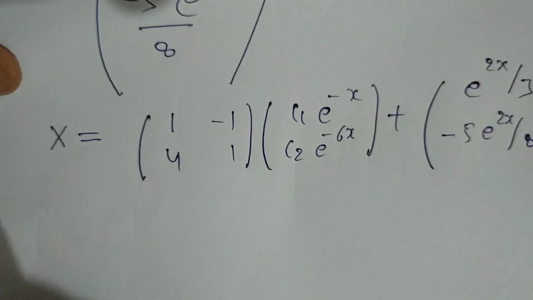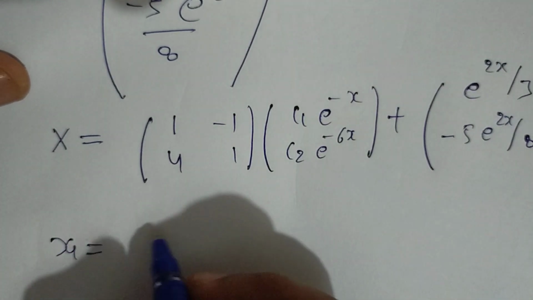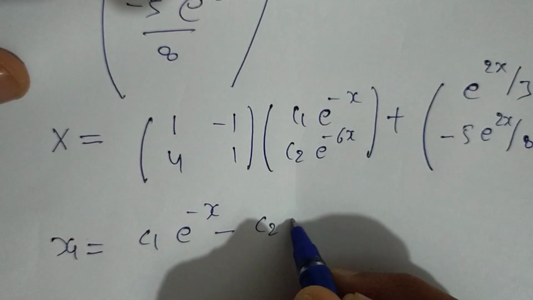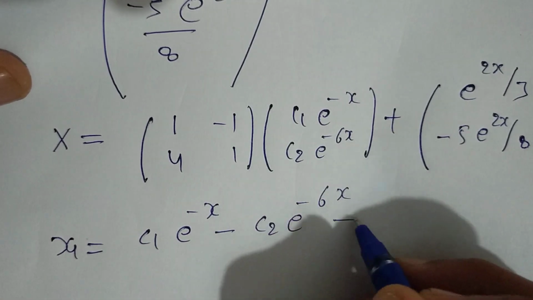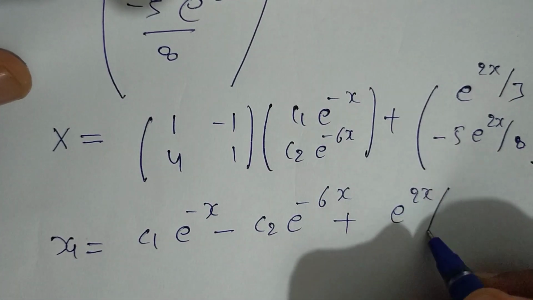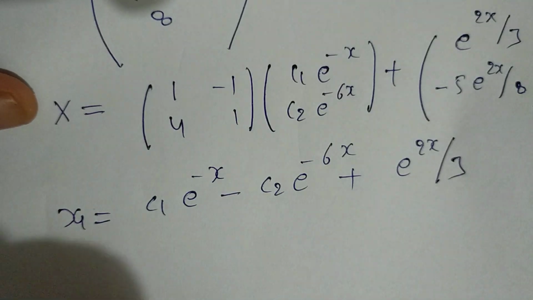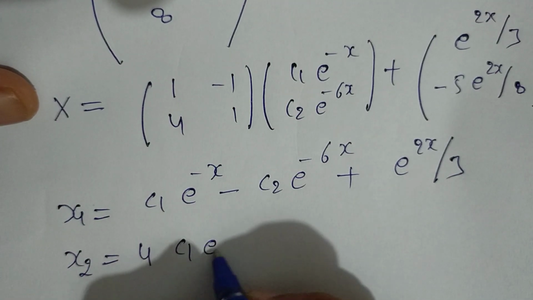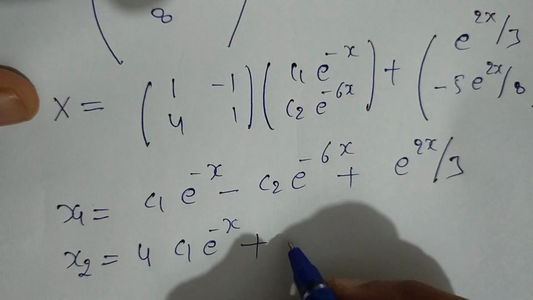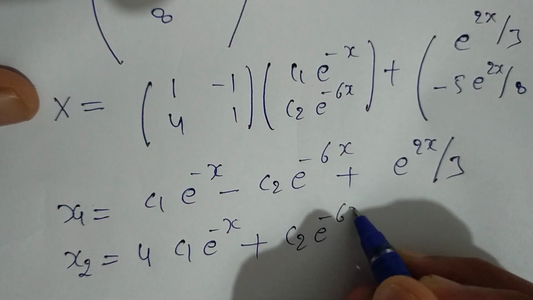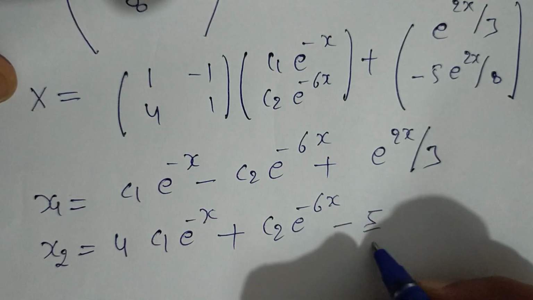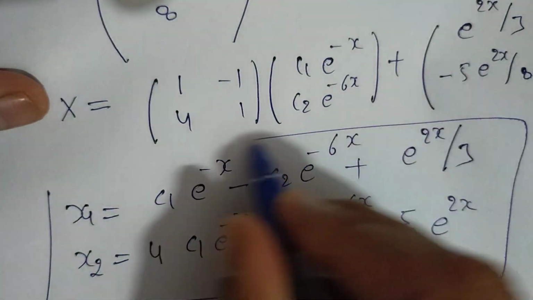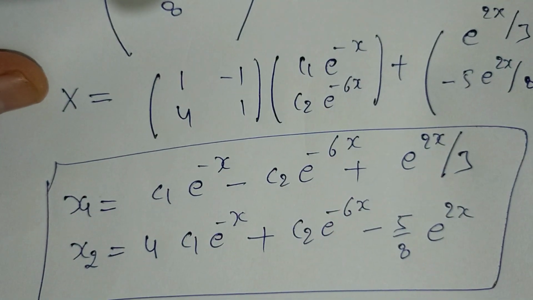If you open this, we get x1 equal to c1 e power minus x minus c2 e power minus 6x plus e power 2x by 3, the first answer, and x2 equal to 4 c1 e power minus x plus c2 e power minus 6x minus 5 by 8 e power 2x. So this is your x1 and x2. Thank you very much.